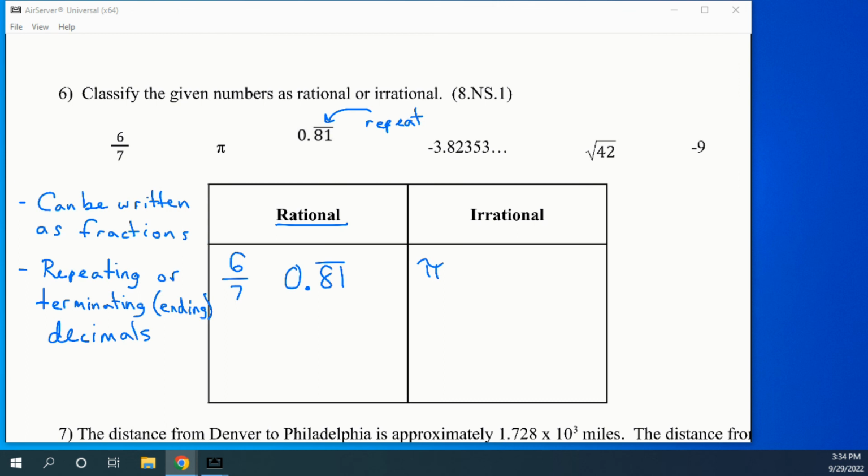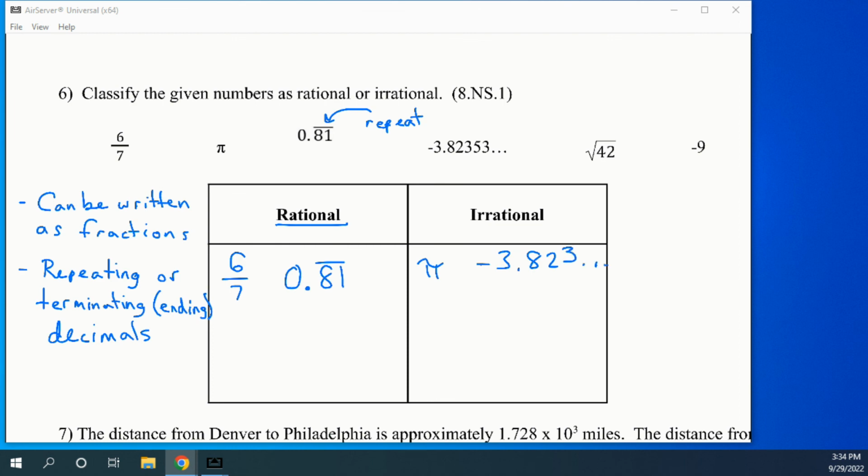It is definitely not terminating or ending because of these three dots here. So we don't know if it's repeating. We don't see a pattern, so this is going to be irrational. Negative 3.823, and so on and so on.